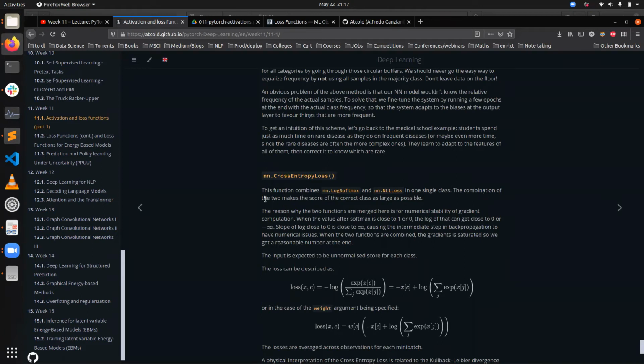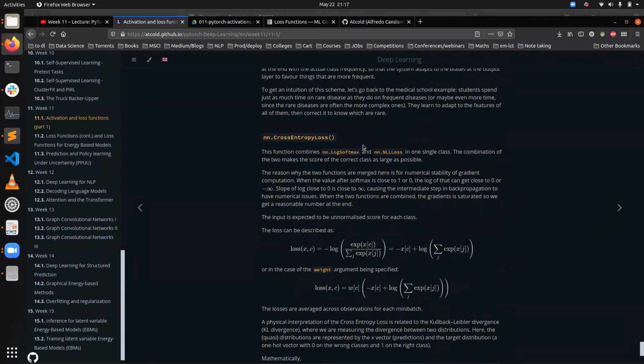The combination of the two makes the score of the correct class as large as possible. So here we merge log softmax and NLL loss for numerical stability. What happens is if you do softmax separately and then NLL loss, sometimes you can have gradient issues. So yeah, the reasoning is given here.